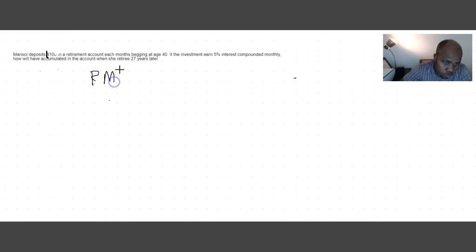So that's going to be $100. Now, each month at age 40, if the investment earns 5% interest compounded monthly, what does that mean? It means the interest is 5%, but the 5% is annual.